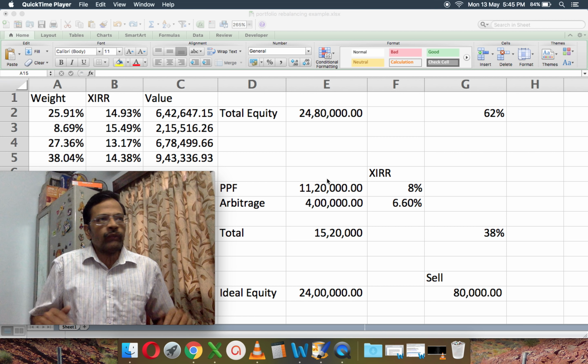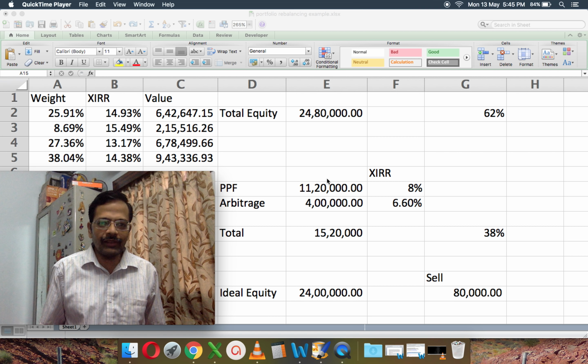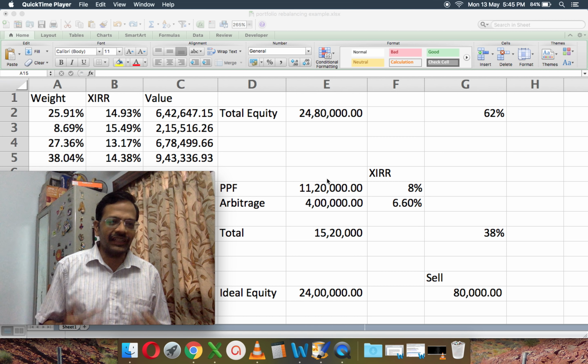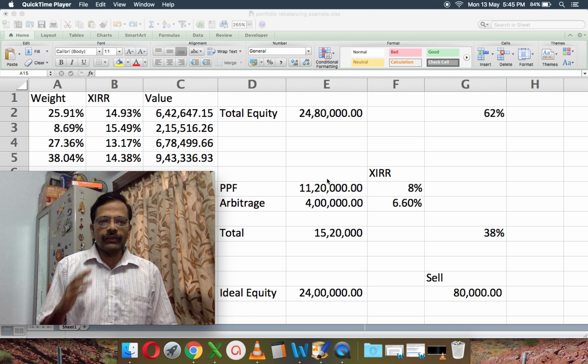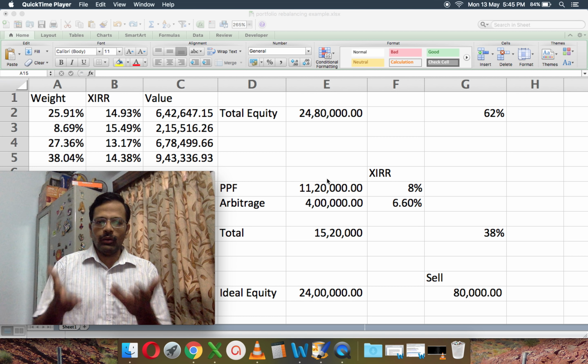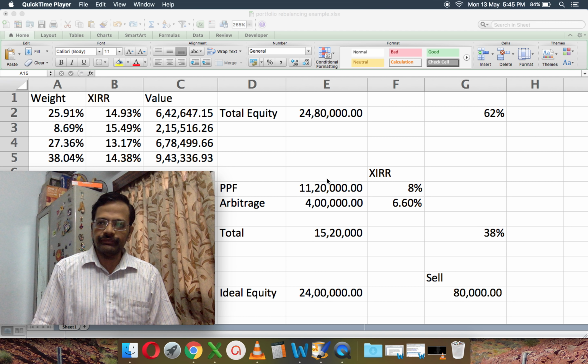Also, we are just days away from the counting date and days away from a new government. So everybody is getting jittery. The market participants are getting jittery. What's going to happen, and so on. If you have questions about that, or on any aspect of portfolio management, go ahead and ask them in the comment section, and I will take care of that in the coming days if I can.